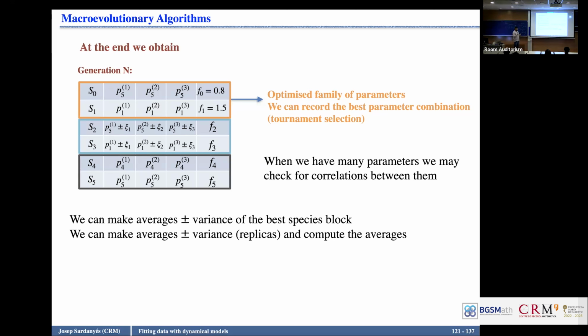I can take the best one and I can make the averages between these ones, then between all these twos. Another thing that I can do is make this process a lot of times. I can make replicates of this process, and then I will have 1,000 or 100 times 5,000 families of parameters. And I will explore a very large parameter space a lot of times.